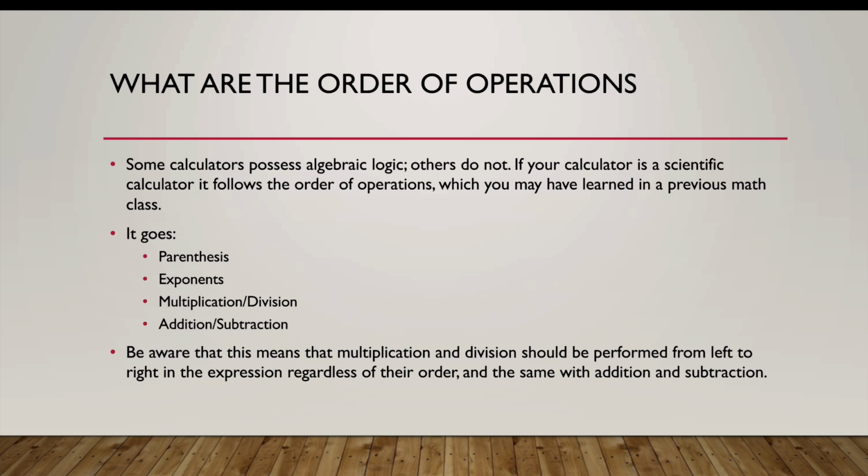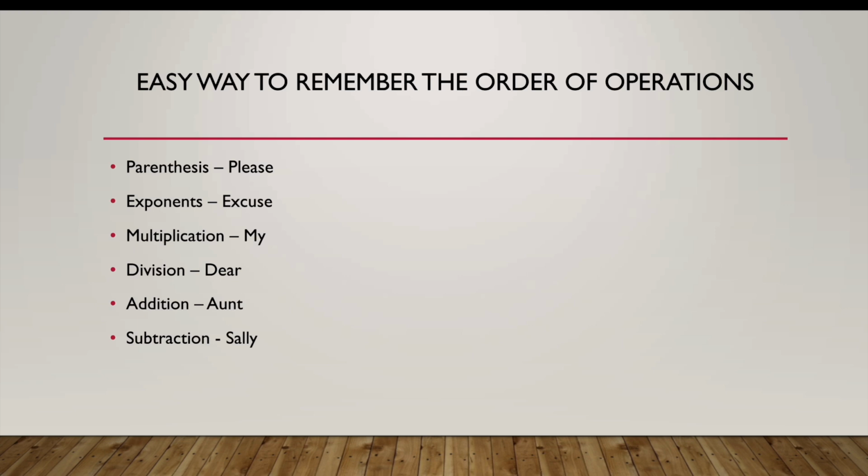Do be aware that this means that multiplication and division should be performed from left to right, regardless of what order they come in. And the same should be done with addition and subtraction. To remember the order of operations, you can use the abbreviation PEMDAS or the acrostic, "Please excuse my dear Aunt Sally."